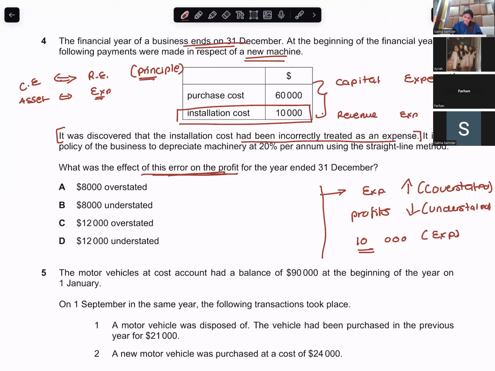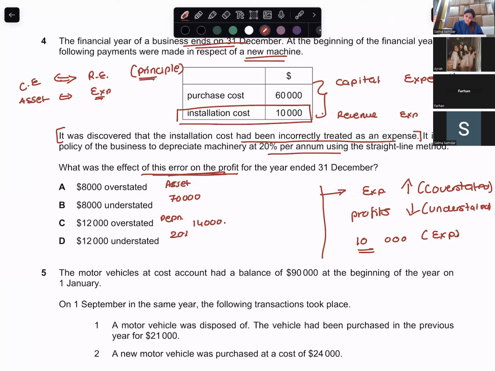If you would have taken the asset at 70,000, you would charge depreciation on it. It would be 14,000. Now in error, you've taken the asset only for 60,000.